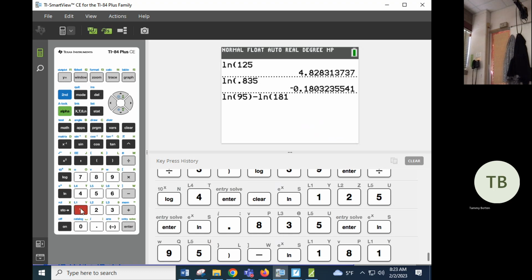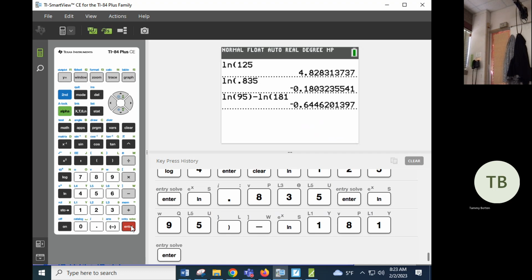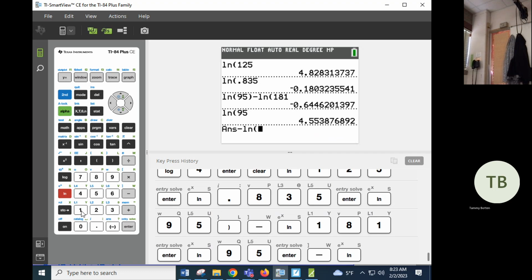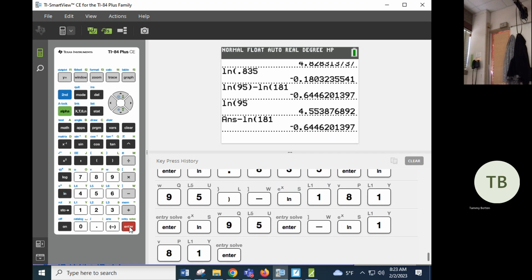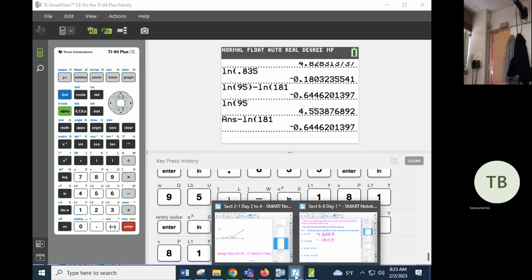And here you don't really have to put a parenthesis. You could, but you don't have to. That is the same as going natural log 95, enter, subtract natural log 181. So whatever way you like better for that. And this one's going to be negative 0.6446.